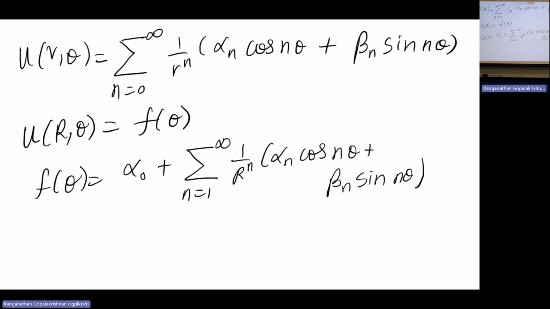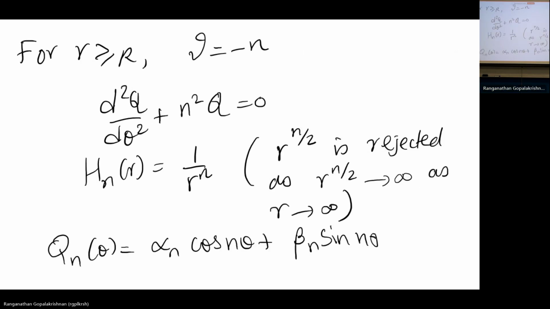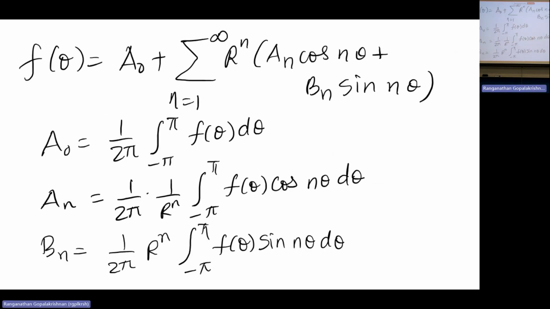Okay, so variations of this can be given. If I give this f of theta just to be a constant, that will make your life simpler. Otherwise, this integration will be a little bit involved, but again, not too complicated. Something we can easily do. Okay.